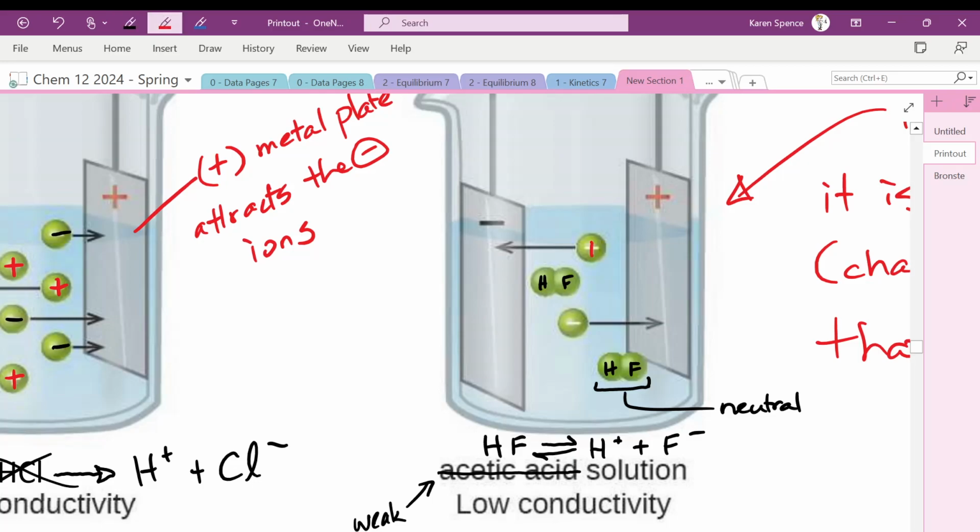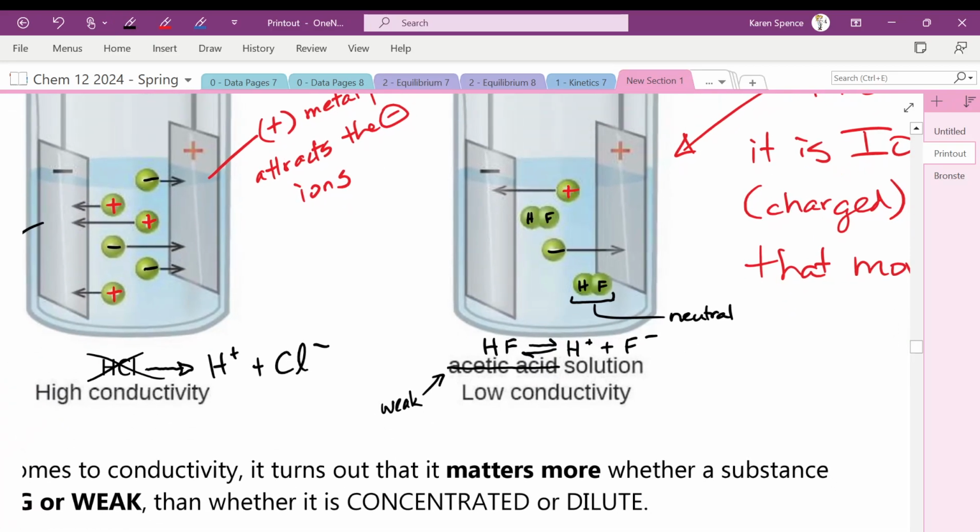You still have some positives and some negatives, but because a lot of the HF stays together as a neutral particle, it will not conduct electricity as well. The more ions you have, the better a conductor it is. Does that make sense? The more ions, the more charged particles, the better it will conduct electricity.